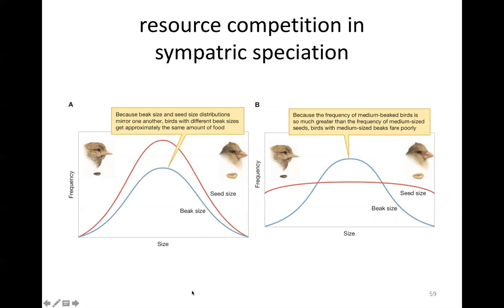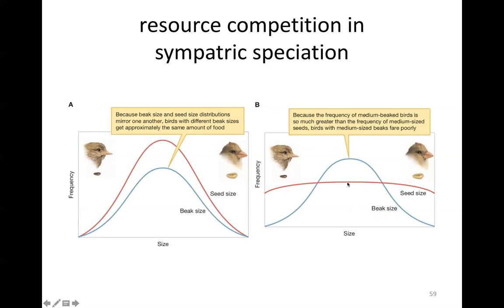It's a unimodal distribution. But if the distribution of the resources is wide and relatively shallow, uniform-like, then being of intermediate size doesn't bring any advantage.